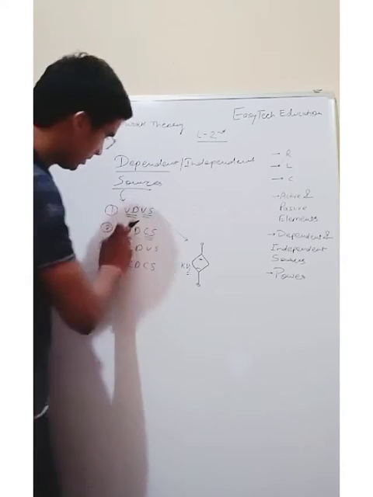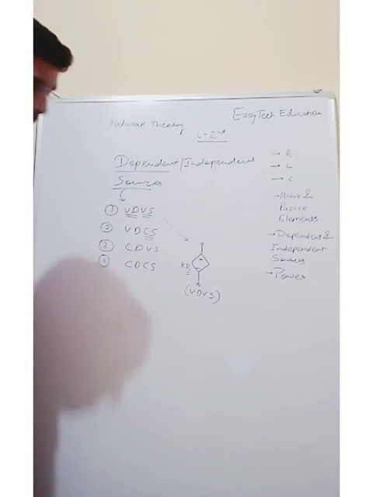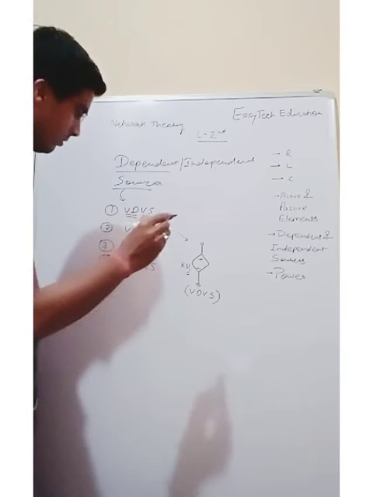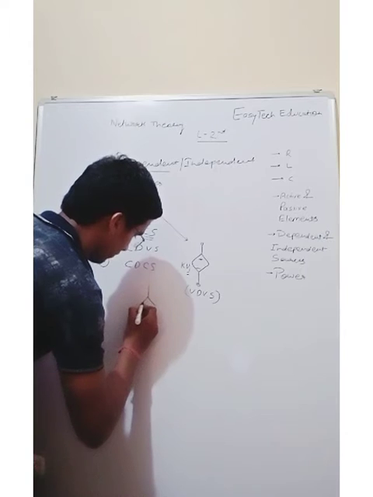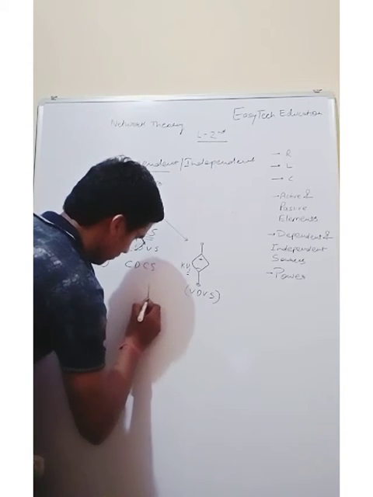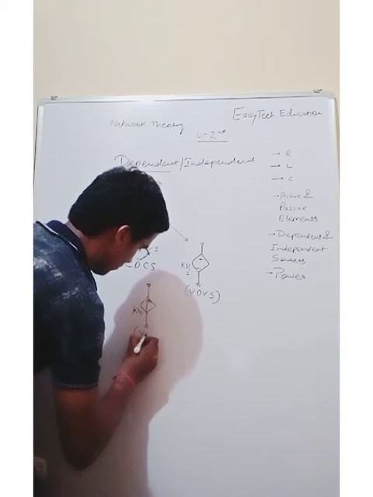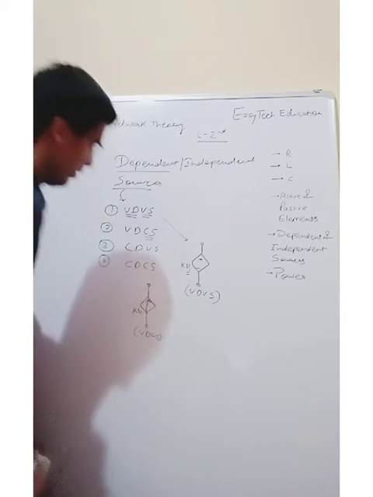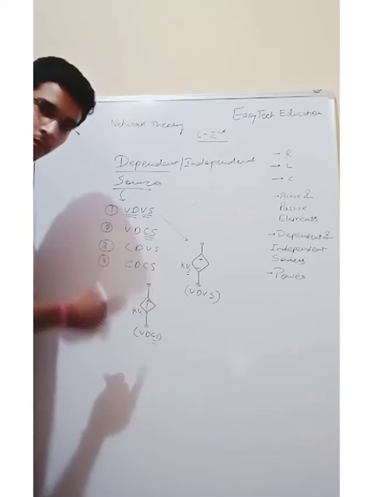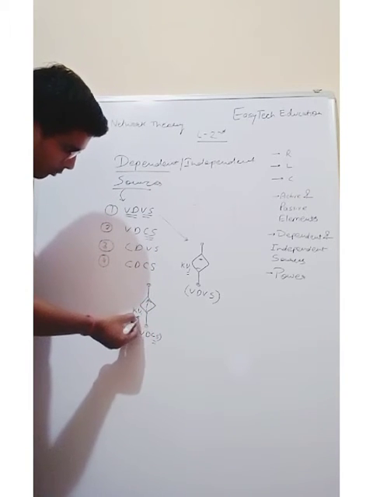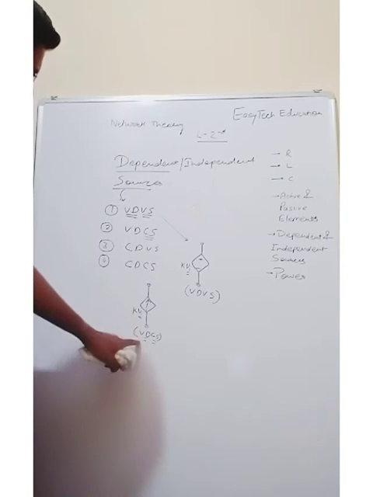If I represent a voltage dependent current source, I can show it here. The arrow direction shows it is a current source, and the value of this source depends on the voltage, that's why it is voltage dependent. So you can see this is a voltage dependent current source.